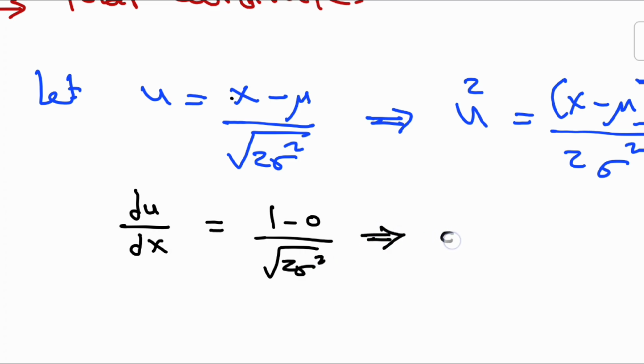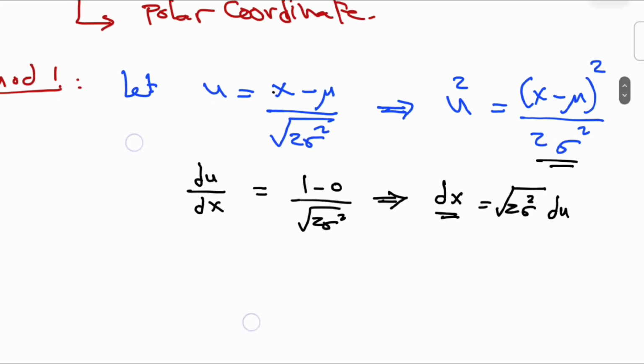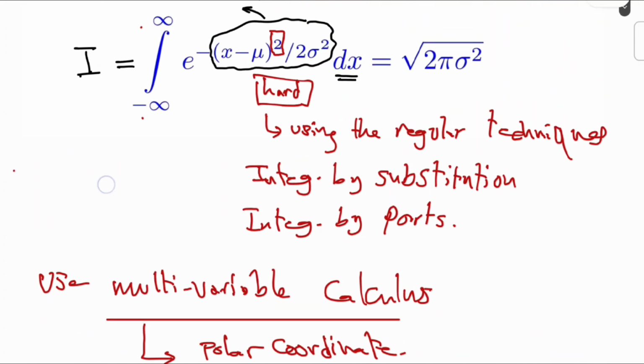So dx can be written as root 2 sigma square du.